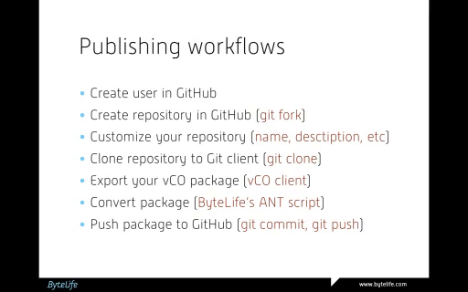Then you will export your VCO package into that repository, convert this package into source code, and upload or push this VCO content back to GitHub, which makes it available to everybody else.